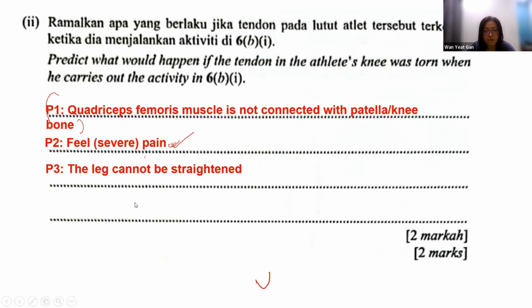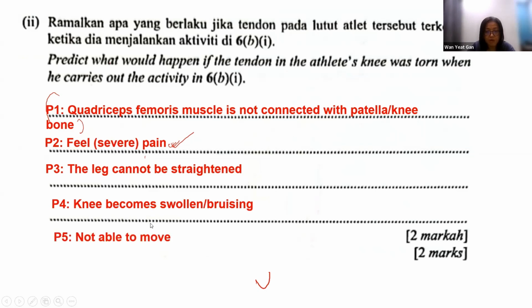So he cannot straighten his leg, and his knee will become swollen and bruised. Remember, this is quite a popular question. It's constantly asked, so these are the answers. Of course, he will not be able to move also.